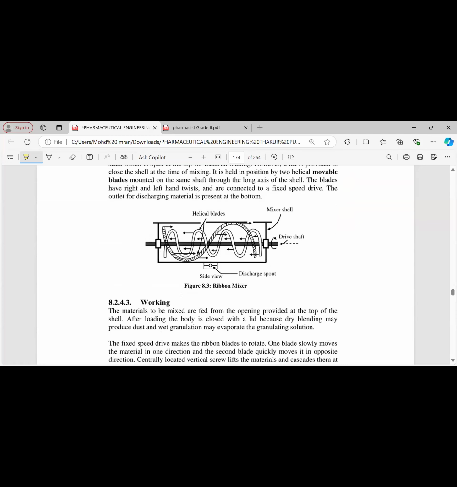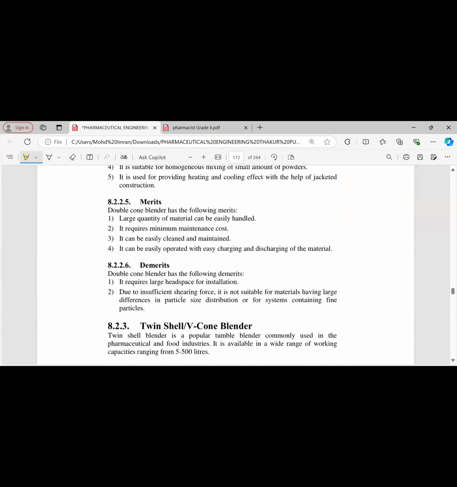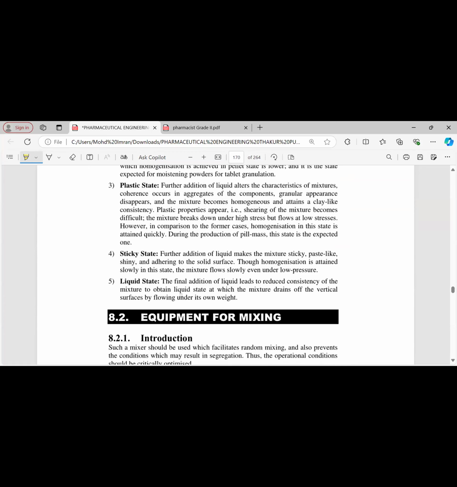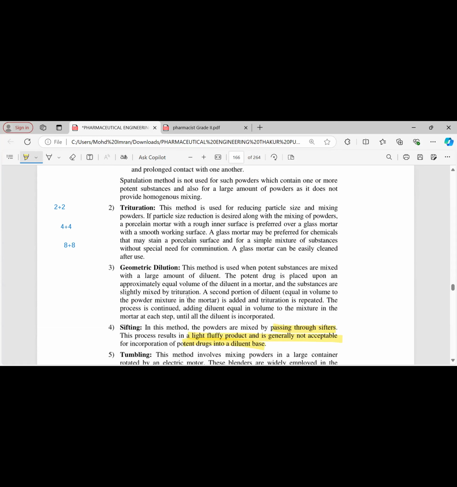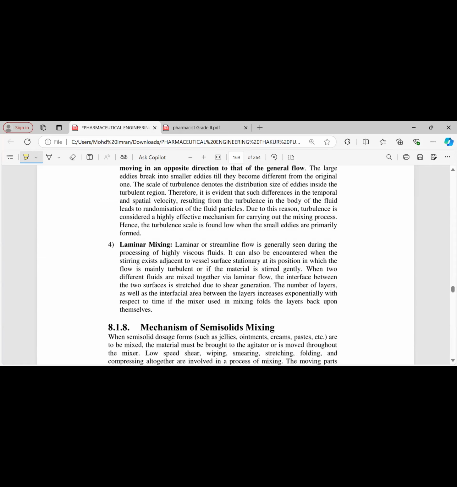Then coming to solid mixing, we use a lot of equipment. We are directly going into the equipment to sort out what different equipment is used. Okay, so propellers, turbines, and paddles are used for liquid mixing.